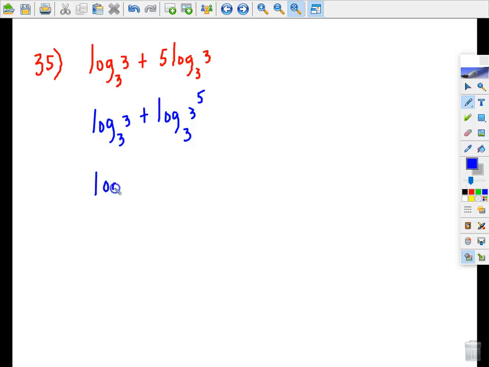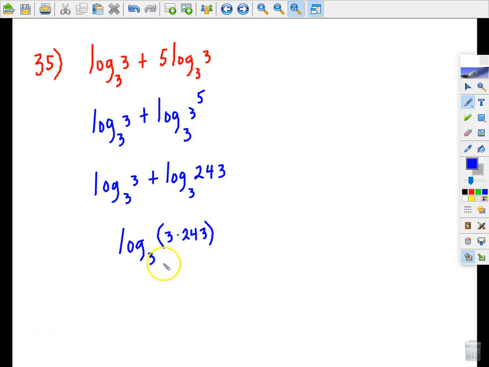Okay, so all right, and now I want you to show the product property, which says two separate logs being added can be put together as a single log using multiplication. So I'm going to show this. Not that you have to. And so really, as a single log, this would be log base 3 of 729.